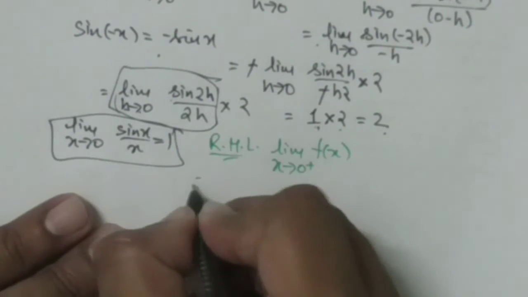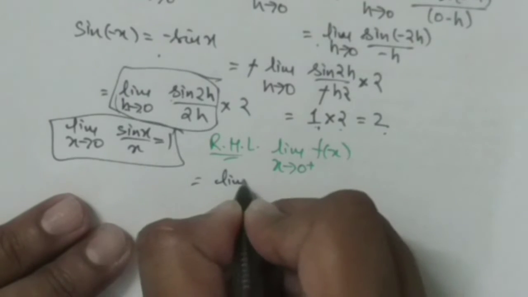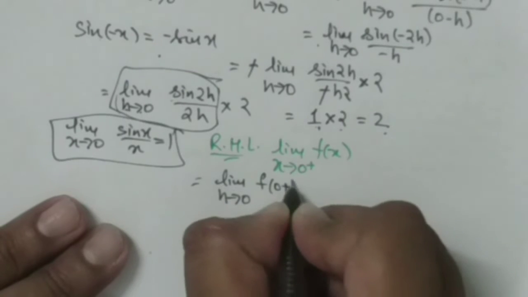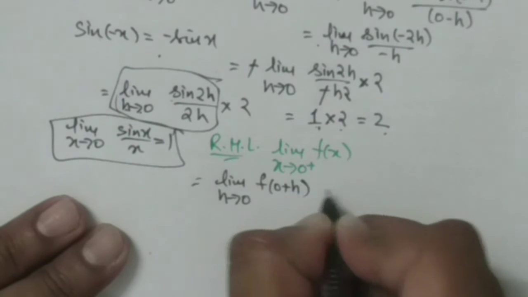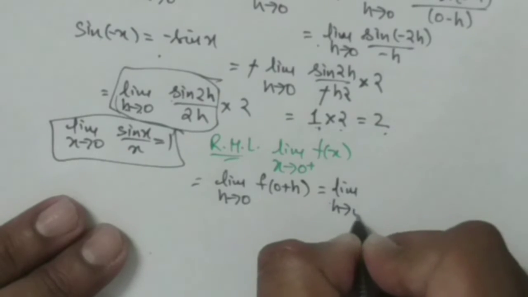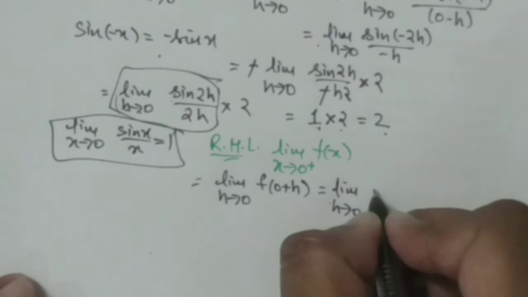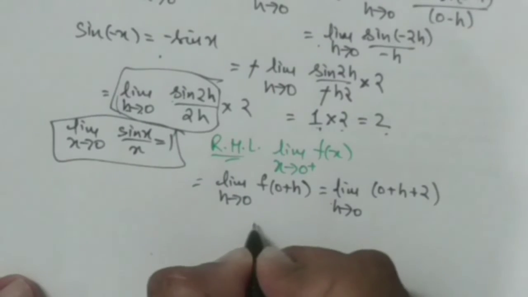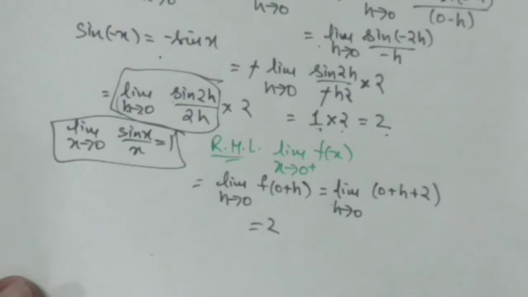So in this case, what happens? It will be equal to limit h tends to 0 f(0 plus h), and it is equal to limit h tends to 0 of 0 plus h plus 2, and it will be equal to 2, right?